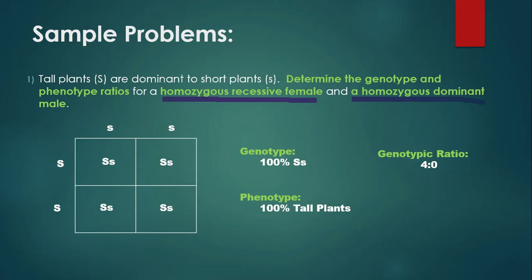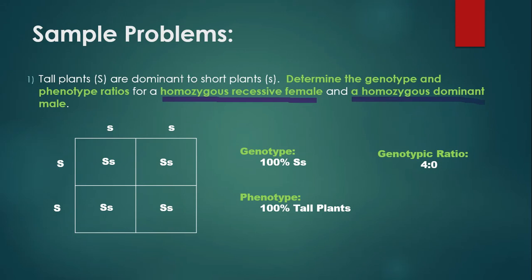If the first letter is written in a capital letter, then you look at what the capital letter represents. In here, the capital letter S represents tall plants. There are no results wherein the small letter s is written first. So therefore, that is 100% tall plants.